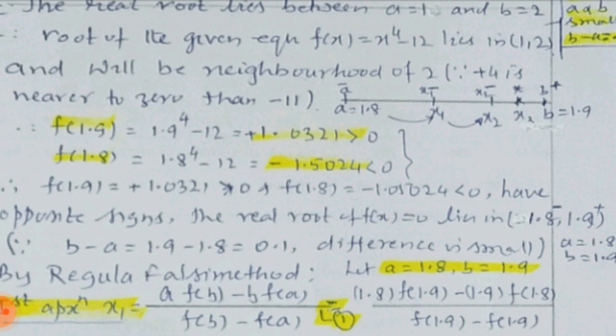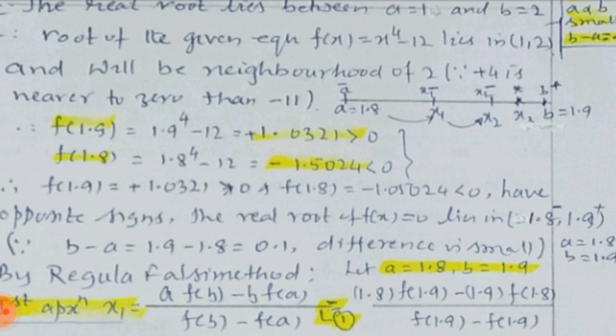It is negative. So observe 1.9 minus 1.8 difference is equal to 0.1. Therefore, f of 1.9 is positive, f of 1.8 is negative. Therefore, these two have opposite signs. Therefore, the real root lies between 1.8 and 1.9.